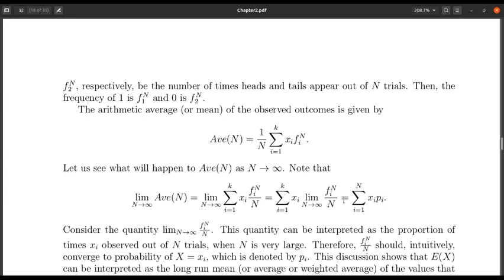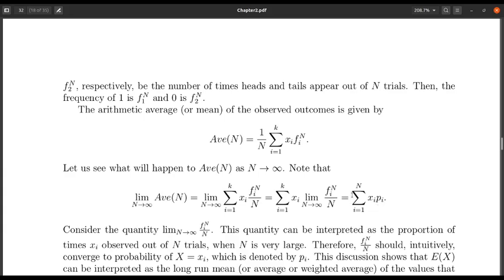So what I get is that if I take N tending to infinity, that is, I repeat my experiment a very large number of times, and then look at the average of all possible values that I have observed, that can be represented as the summation over i equals 1 to k of xi times pi. That is the summation of each x value multiplied by the probability of x taking that particular value.